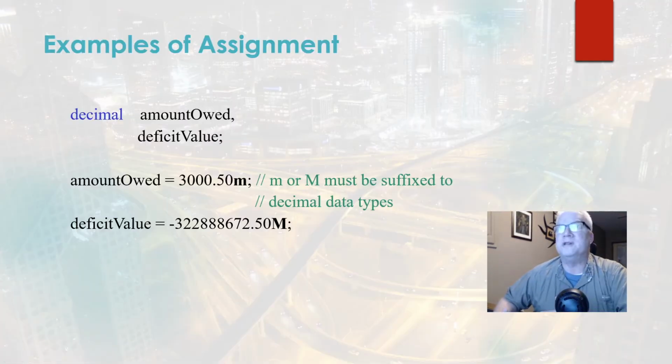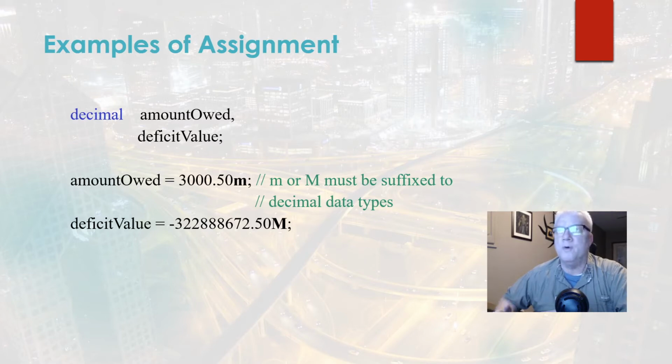So, for example, here is decimal amount owed, and then deficit value. So amount owed equals 3,000.50, and notice there's an M at the end of that number. You go, well, wait a minute, Mr. Wilson, an M isn't a number. But in this case, M stands for money. So this is a formatting thing to say, hey, this is actually money.